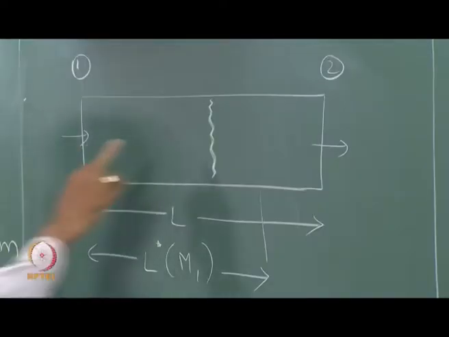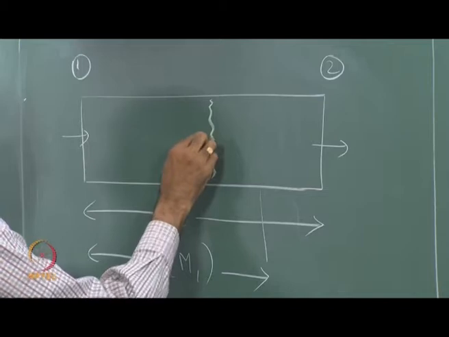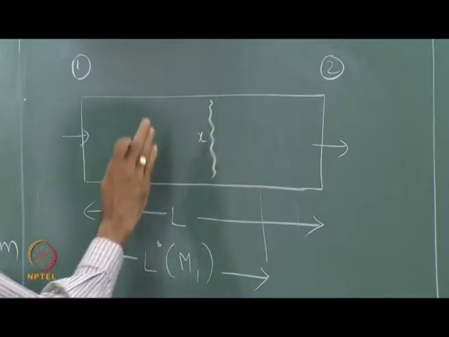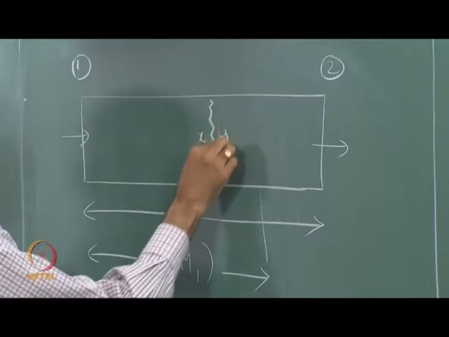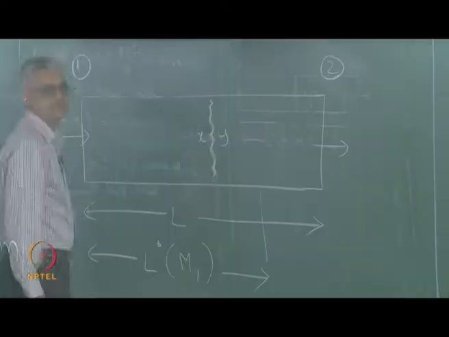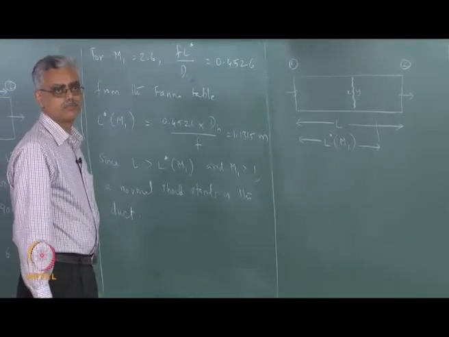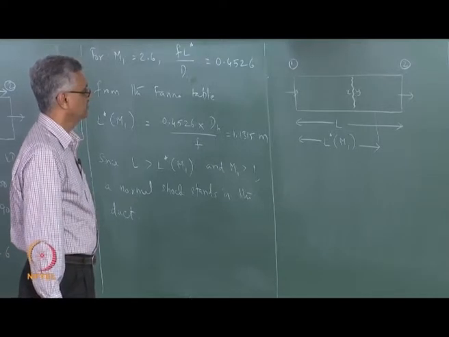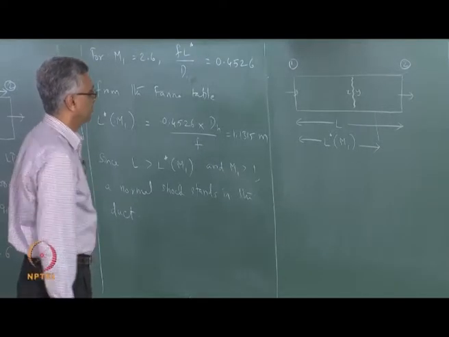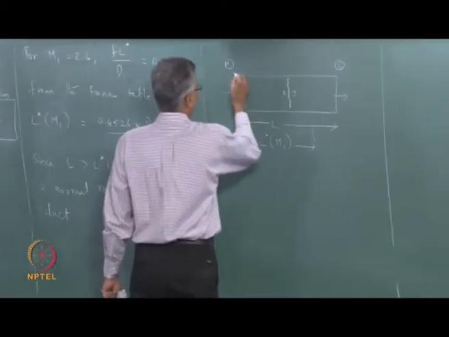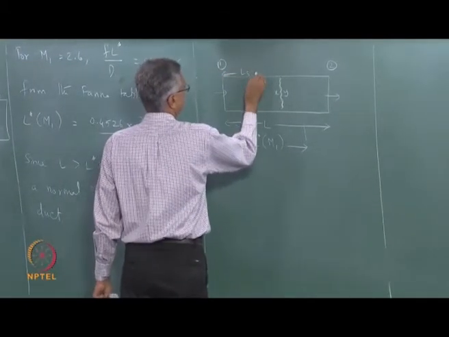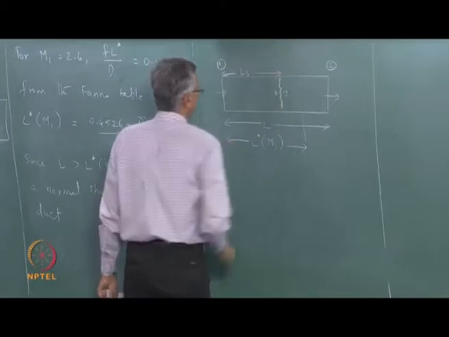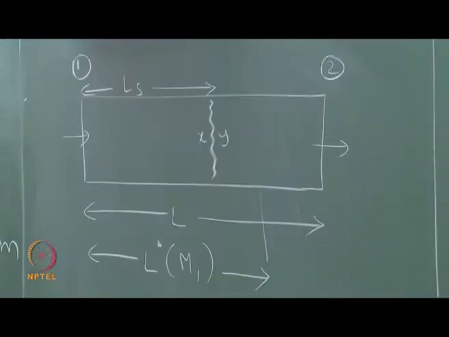Let us say that the state point just before the normal shock, let us call that X, and the state point just downstream of the normal shock, let us call that Y. Let us further state that the shock stands, let us say, at a distance Ls from the entrance of the duct. Okay.